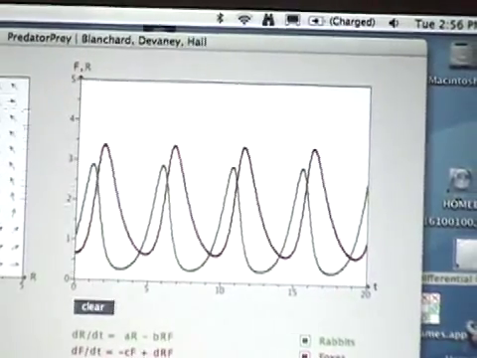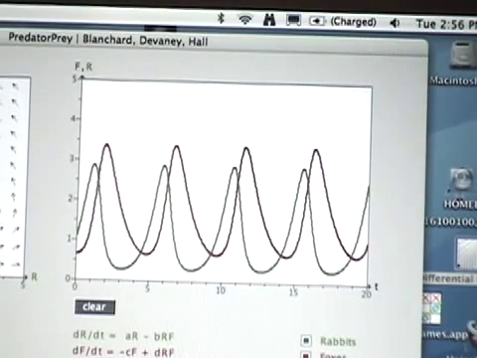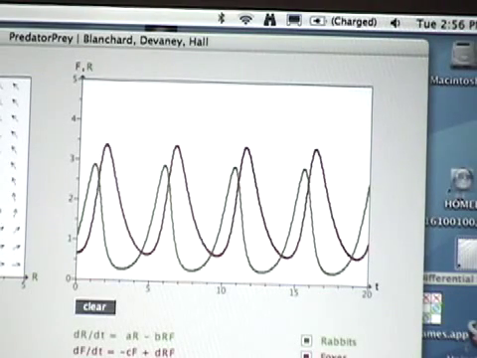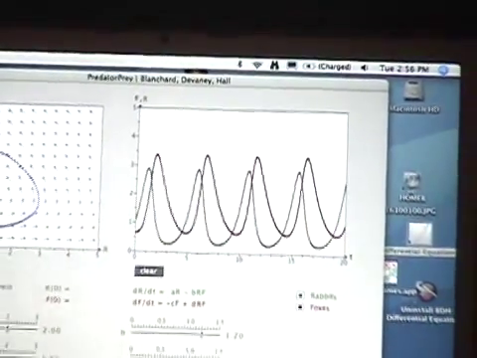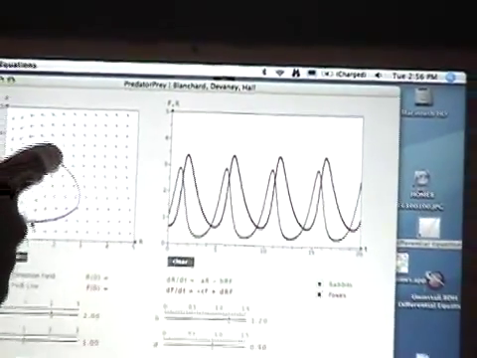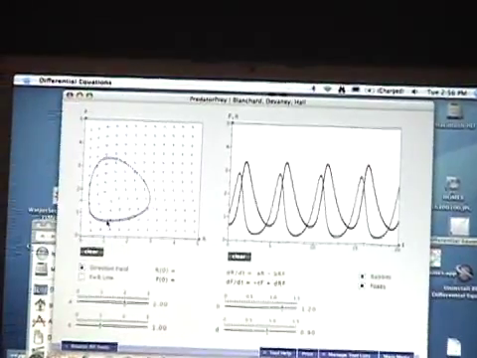Both of these curves are part of the solution. When you put them together as an ordered pair or as a column vector or as a point, no matter how you want to think of it, that actually gives you a solution when you put them together. The true solution is the parametric curve in the phase plane.